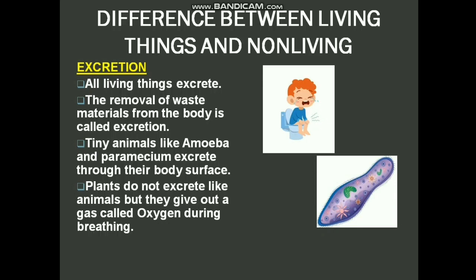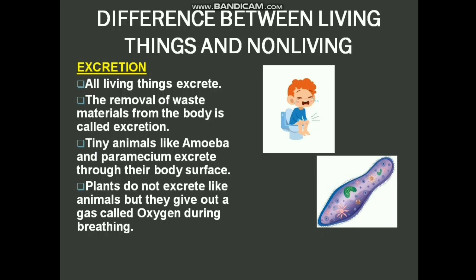Human being's body is made up of cells. Every organ, every body part is made up of cells. These cells are the smallest unit of a body. Like this, amoeba and paramecium are also made up of a single cell. They are single cell organisms, so they remove their waste by their body surface.